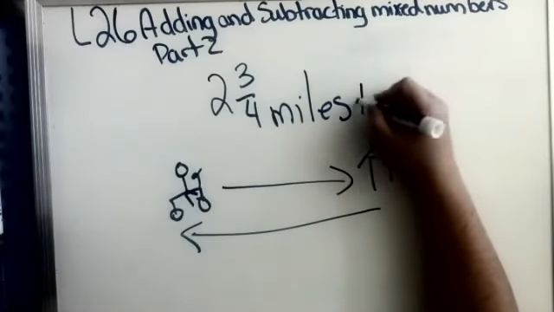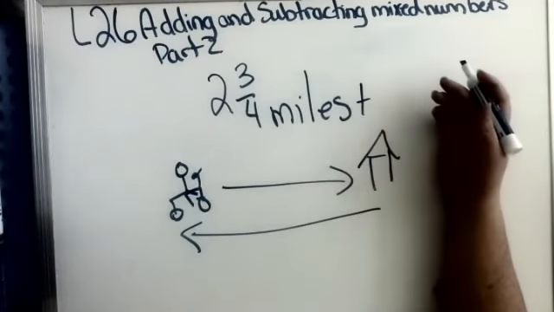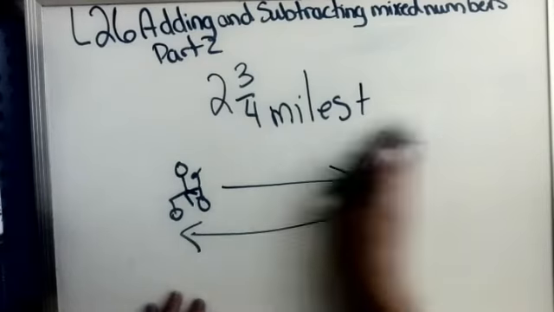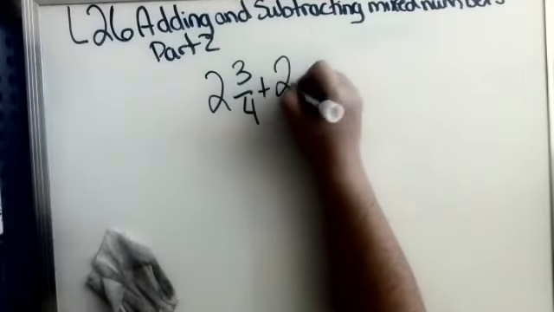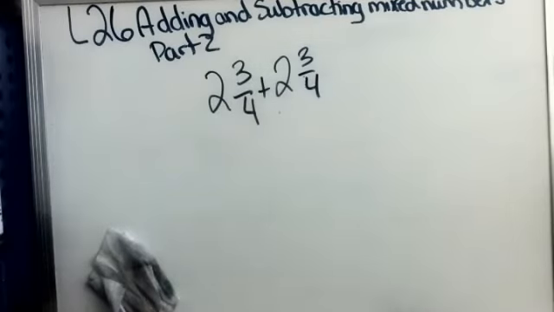So that is 2 3/4 miles, add 2 3/4 miles. Let's do that down below: 2 3/4 plus 2 3/4.